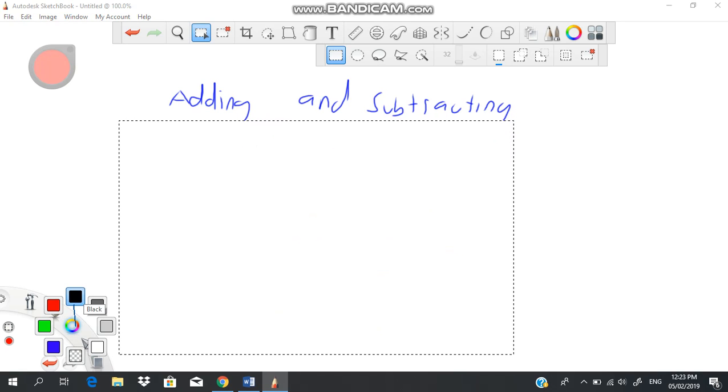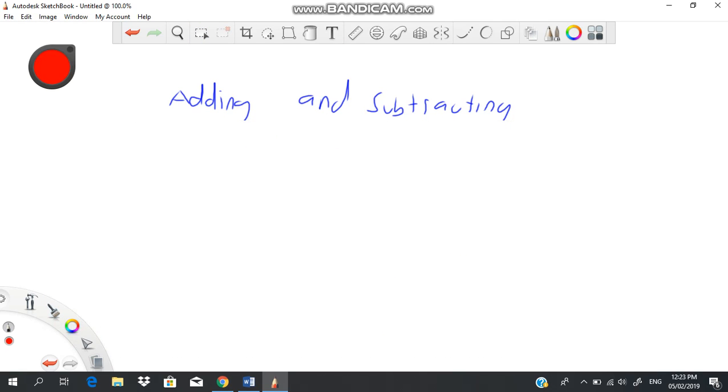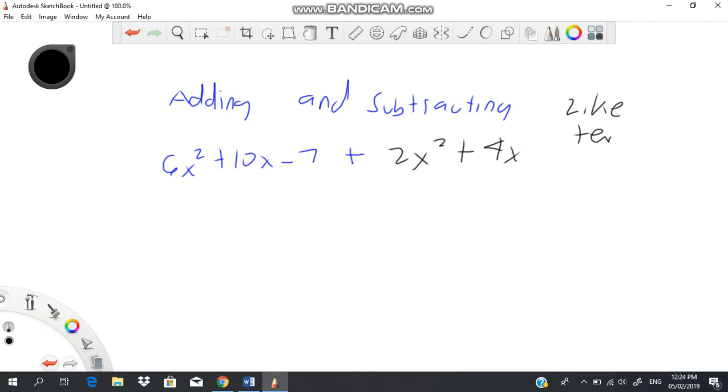Now, we move on. I'll give you a polynomial to add and we'll teach you how to answer it. For example, let's add 6x squared plus 10x minus 7 plus 2x squared plus 4x. What you're going to remember is you're going to put together or combine the like terms.